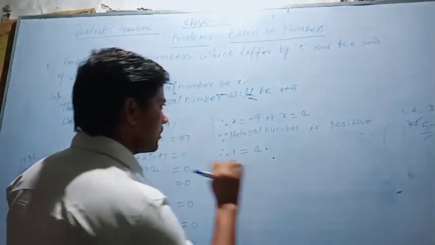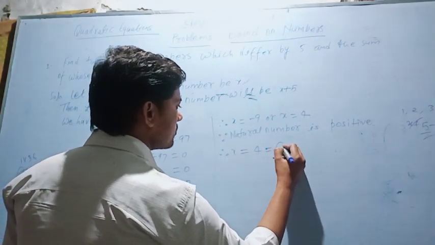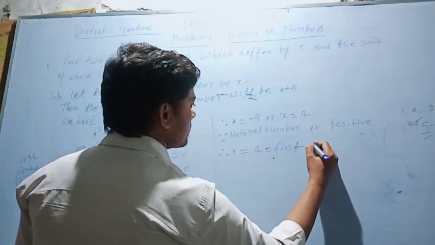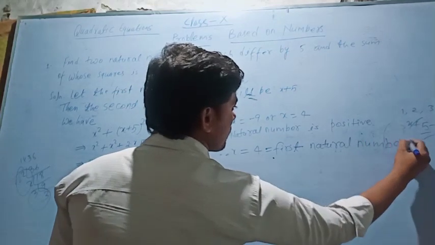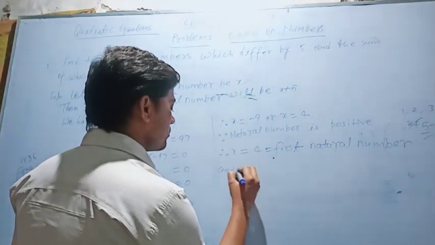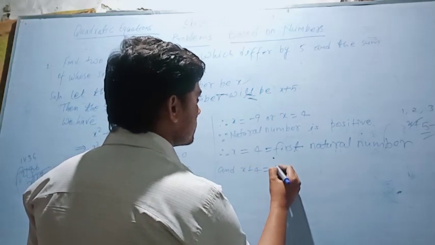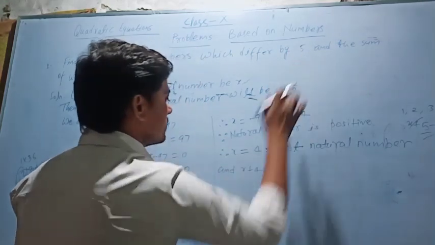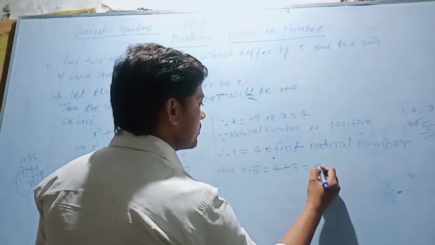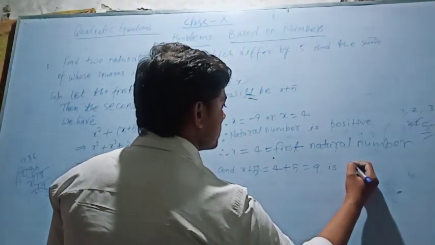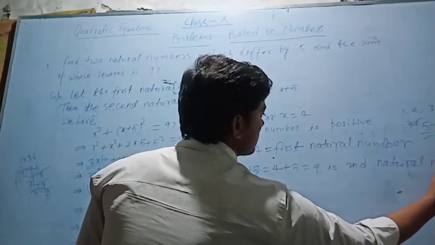So the first natural number is 4 and the second natural number is x plus 5. So 4 plus 5 is equal to 9 is the second natural number.